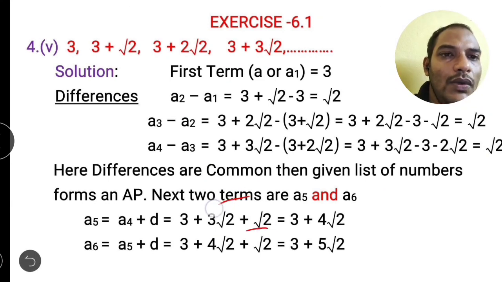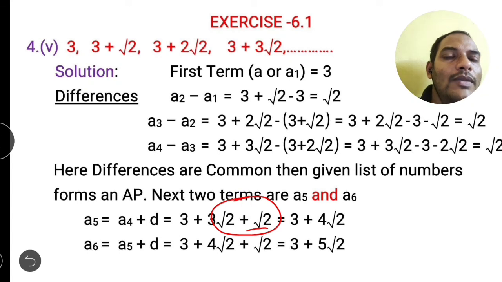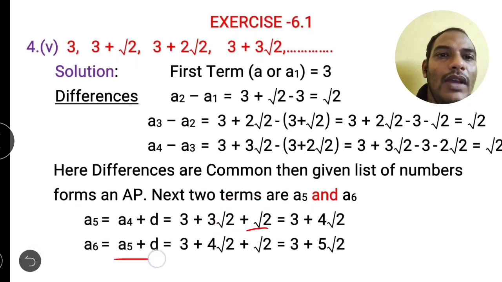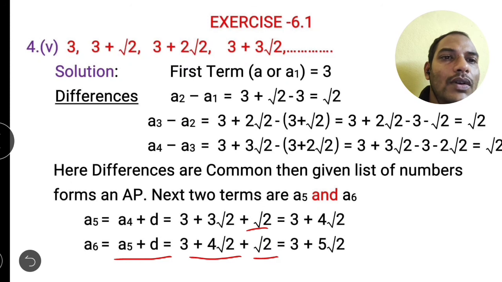Here 3 root 2 and root 2 are both like terms, so you can add: 3 plus 4 root 2. Next, the sixth term is a5 plus d. a5 is 3 plus 4 root 2 and d is root 2.